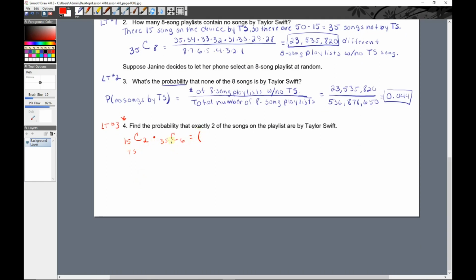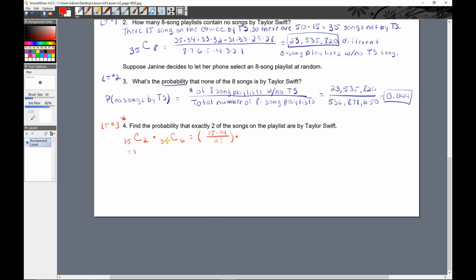All right, so for the Taylor Swift over here, we'll start with that. It'll be 15 times 14, okay? That's the permutations. There's 15 choices for the first, 14 for the second, and that'll be over 2 factorial.